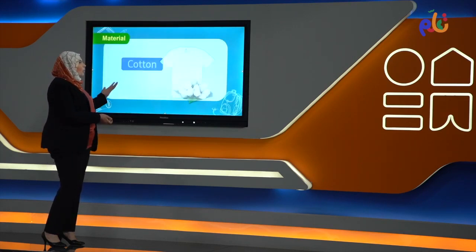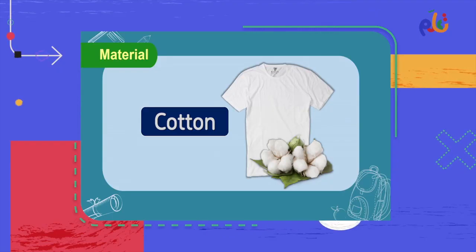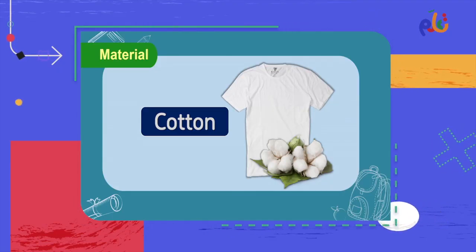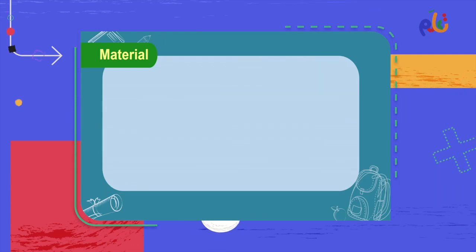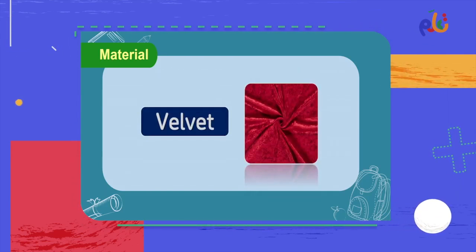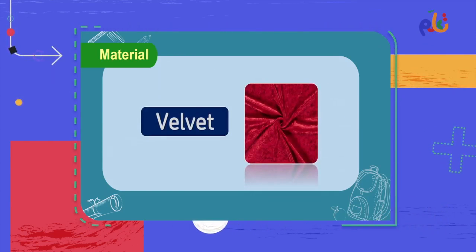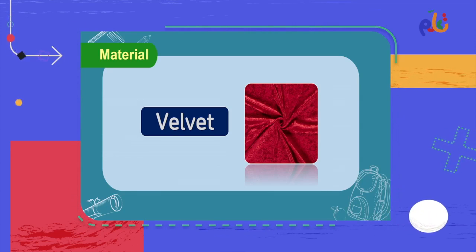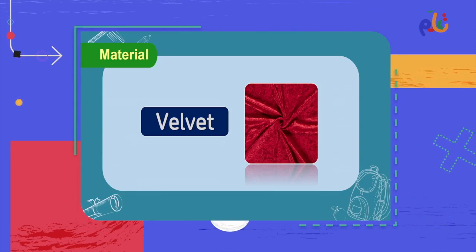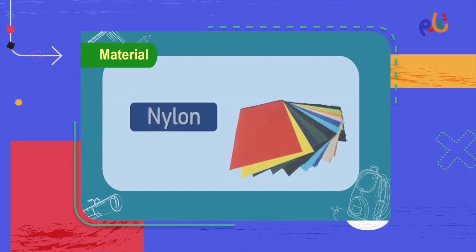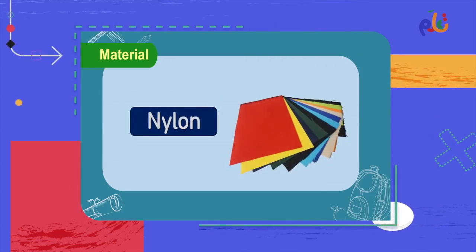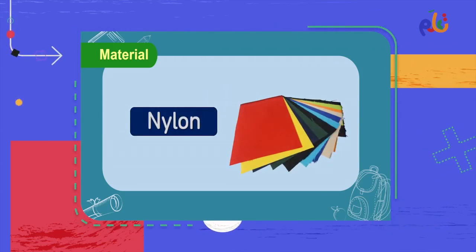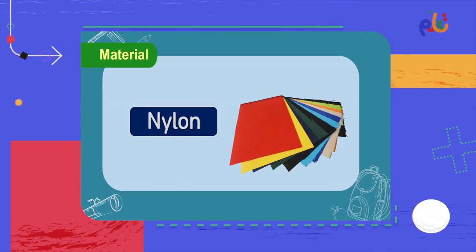So the first thing that we have is cotton. And we also have velvet. So velvet is قطيفة. And we have nylon. So this is in Arabic nylon and in English nylon, so it's the same in both.